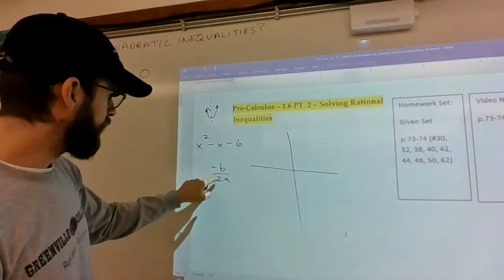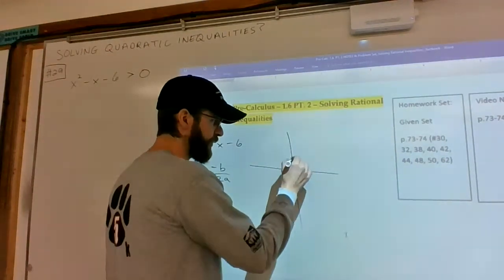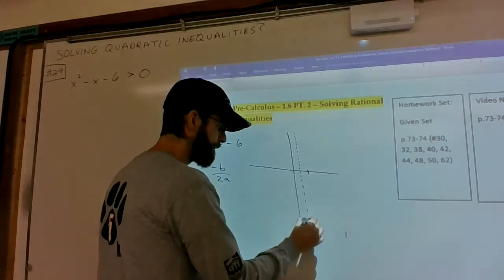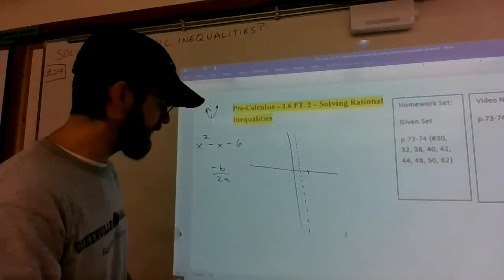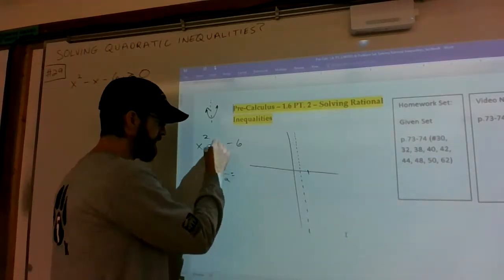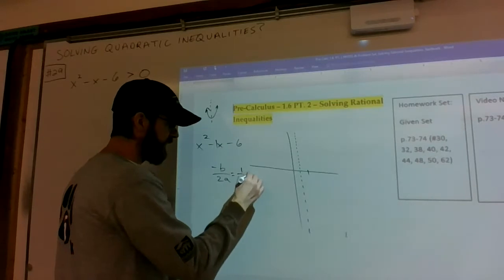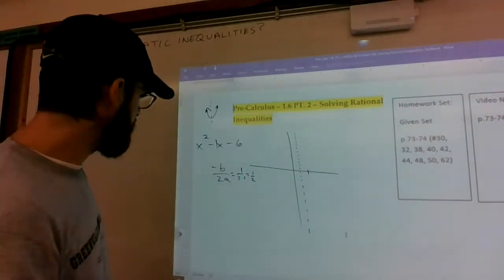1 over 2 would be a half. So right here is where the parabola splits into two parts, which also tells us where the vertex is if we plug the half back in. Negative b is 1 over 2 times 1, that's a half. A half is our x coordinate for our vertex.